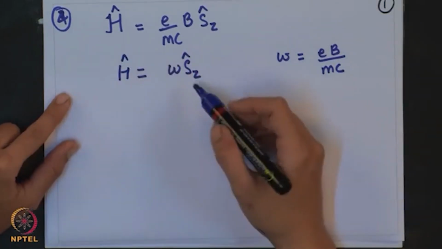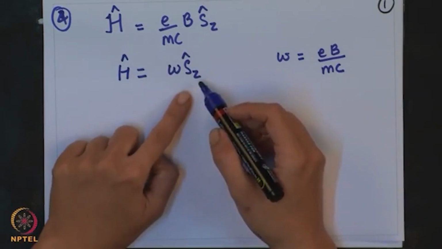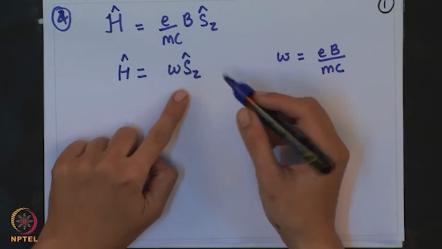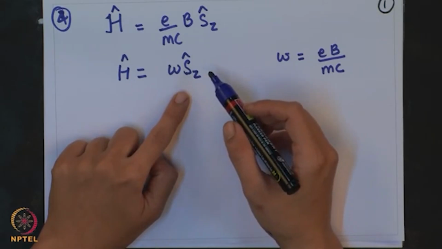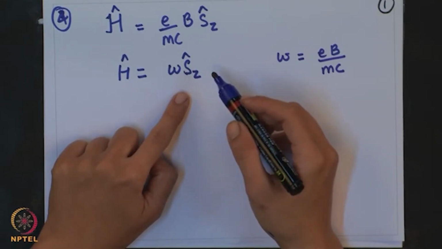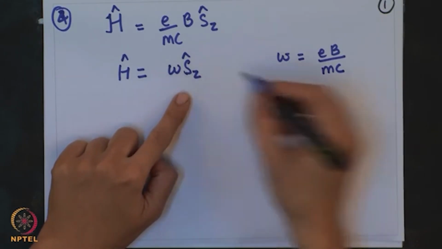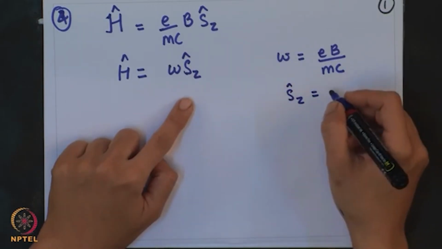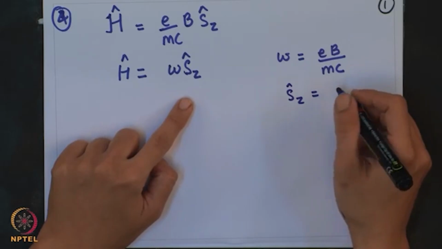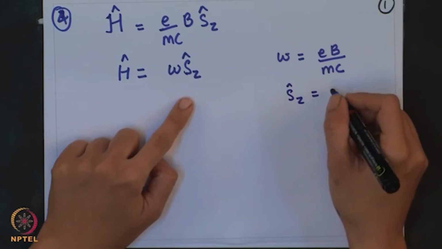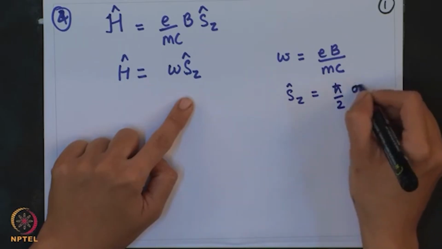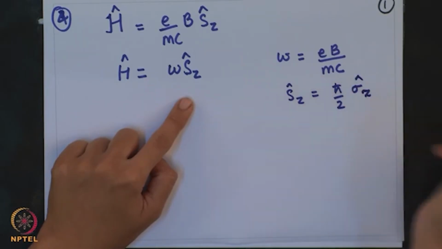This is the Hamiltonian operator in terms of omega, and Sz is the Pauli spin operator along the z component. You can write this Sz in terms of the Pauli spin operator in the z direction. So, Sz is h cross by 2 sigma z, this we all know.